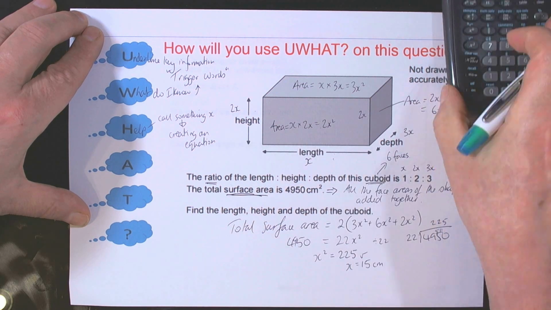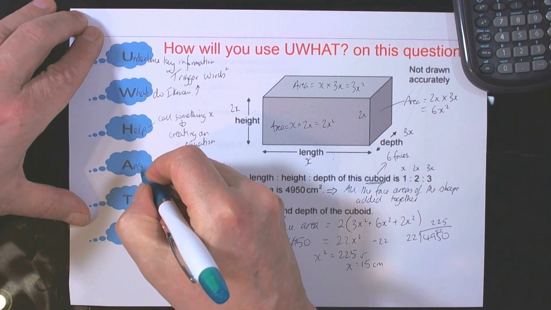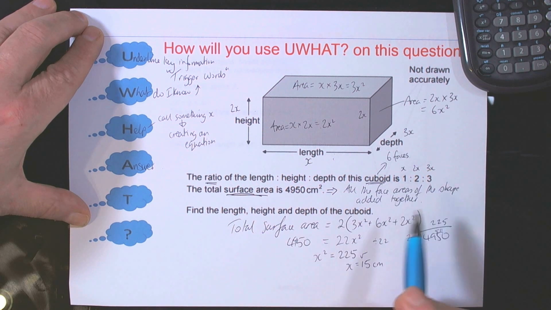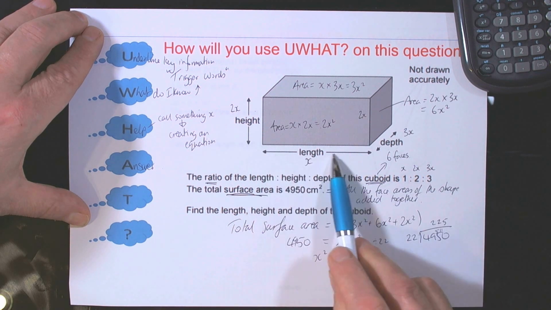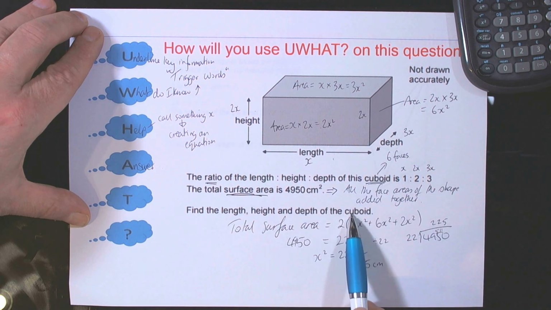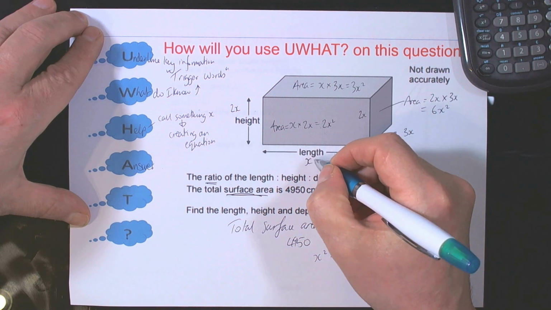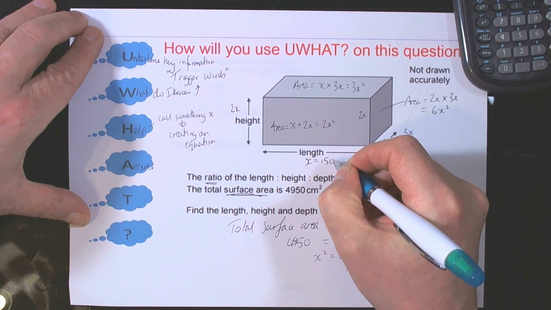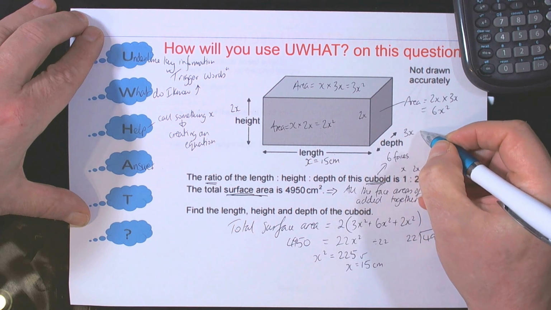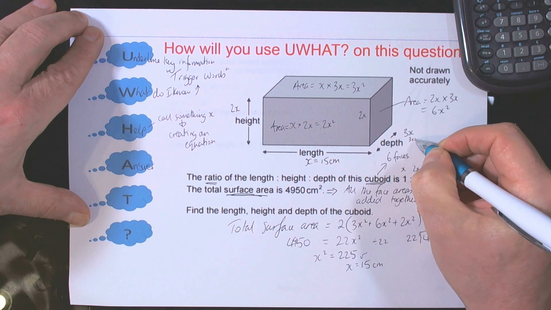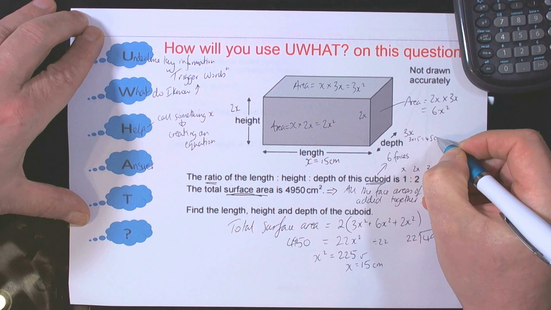So now we go through and see whether we've answered the question, because in UWHAT again we answer the question. And we can see here that it says find the length, height and depth of the cuboid. So go back in and write down what we know. We know that's 15 centimetres. We know this was 3x, so that means we've got 3 times 15, so that's 45 centimetres.